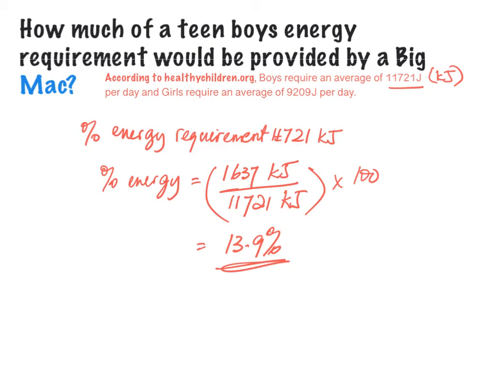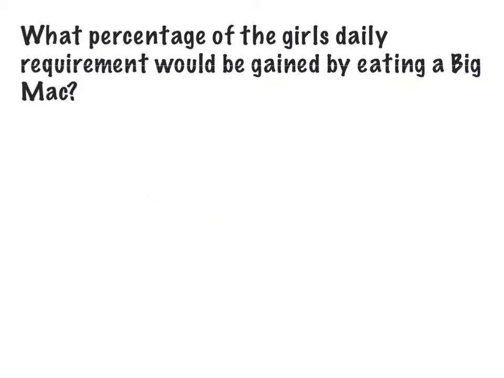Now, I've got to remember what the girls' value is as we go through. It asks us then to look at what the girls' value is, and so we would do the same thing. What was it? 1637.